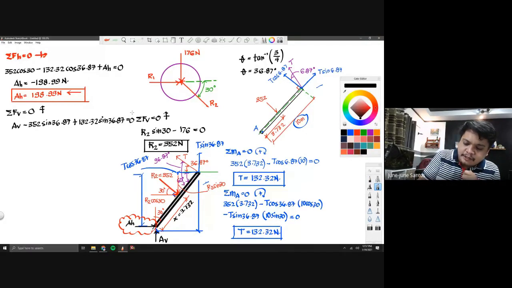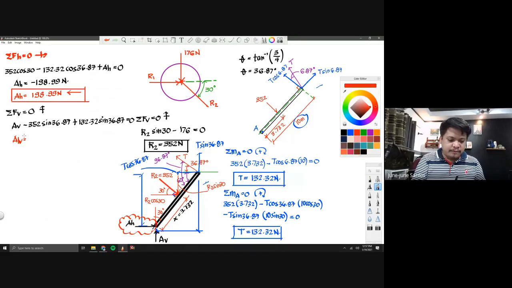No other forces equal to 0. So you will now have the value of AV, vertical. So that's 352 sine of 36.87 plus 132.32 sine of 36.87.